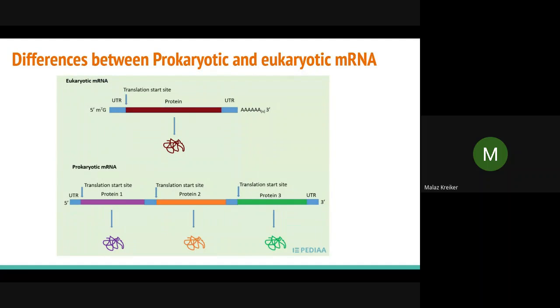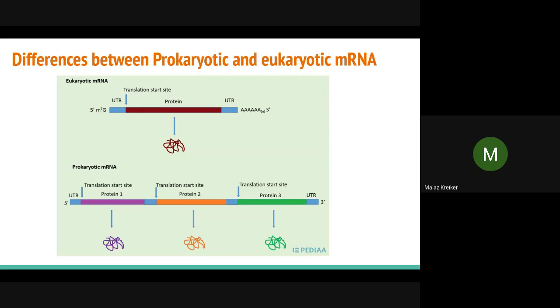When we compare the messenger RNA between prokaryotes and eukaryotes, there is an important fundamental difference to know. We talked about mRNA being translated and coding for a protein, but eukaryotic mRNA is called monocistronic, hence the name mono. Basically, one gene codes for one protein.